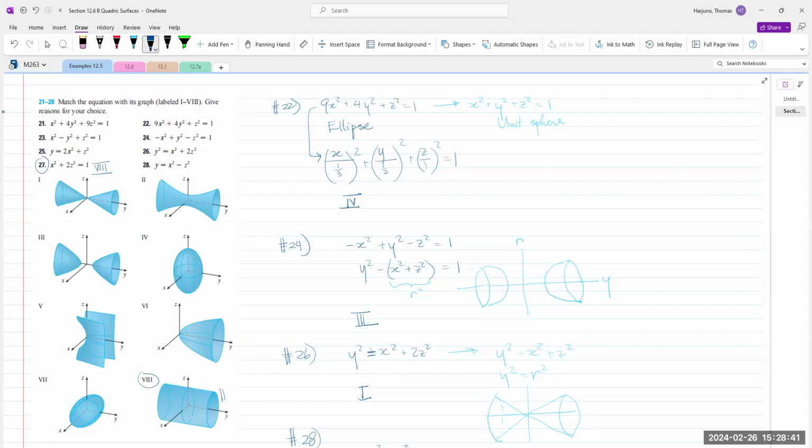Okay, number 25, this is y equals x squared plus z squared, y equals r squared, right? So it's a parabola. Is it right? It's a paraboloid. So it's this one. That's 6. It's number 25.